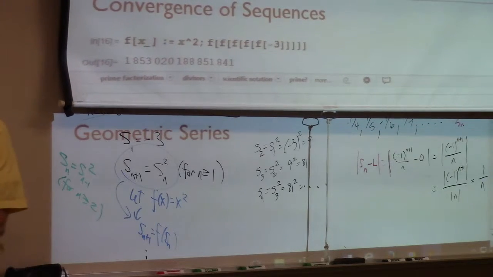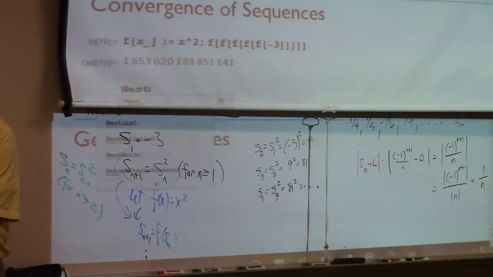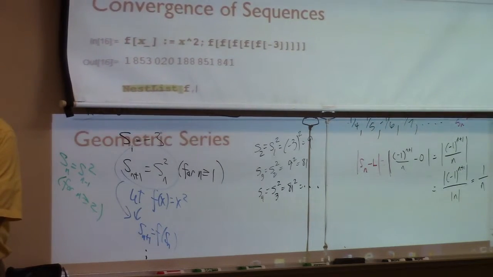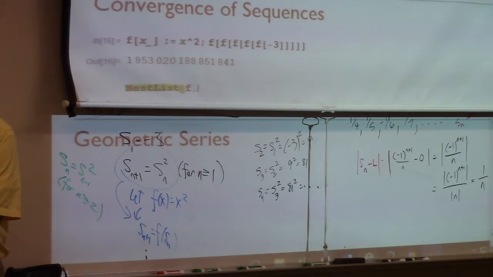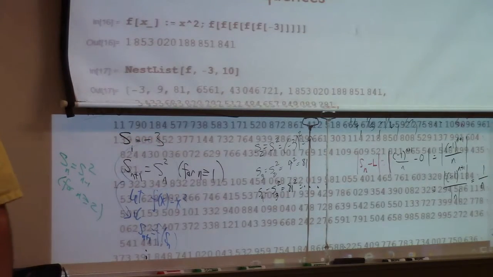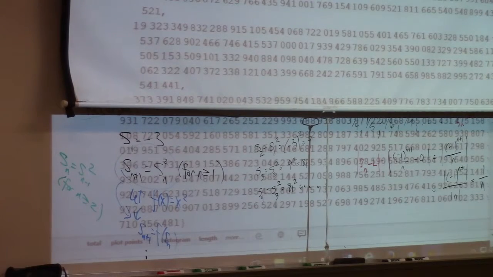You can do that, but it turns out to be better to use a built-in command called NestList. You plug the function name in for the first argument, the starting value in for the second, and the number of iterations for the last argument, separated by commas. There's S1. There's S2.